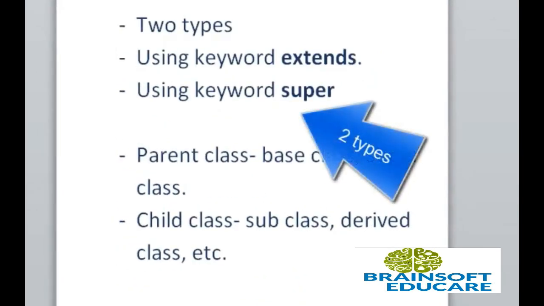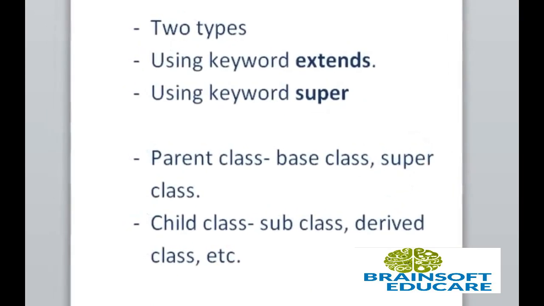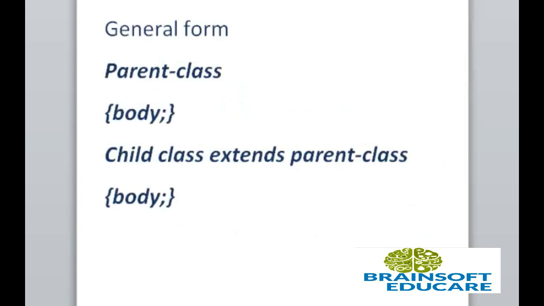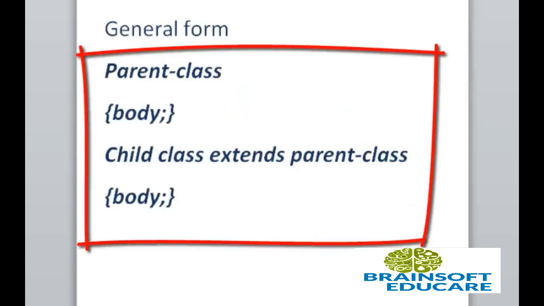There are two keywords to apply this inheritance: extends and super. Parent class is the base class, which is called a superclass. Child class is subclass. This is the general form of inheritance.